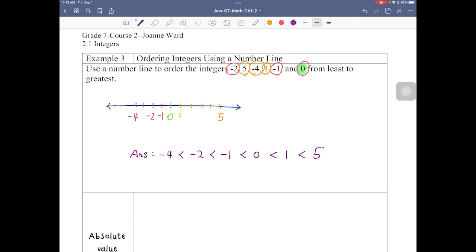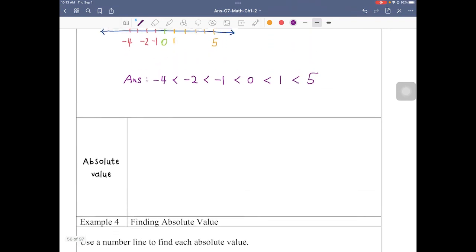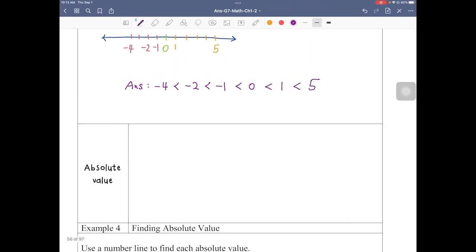Okay, and later I want to introduce a new concept called the absolute value. The absolute value is the distance from 0 on a number line.